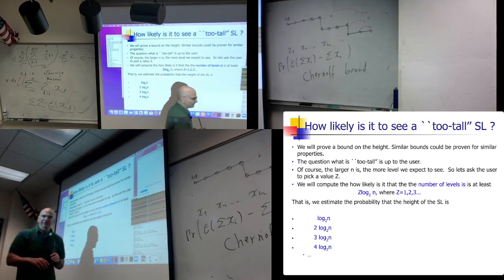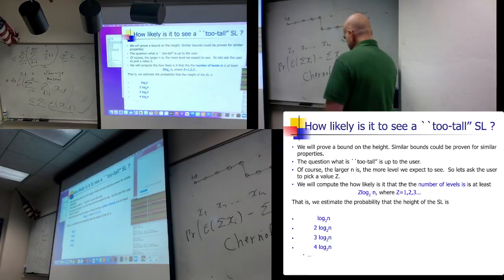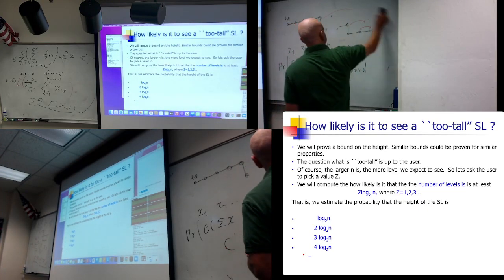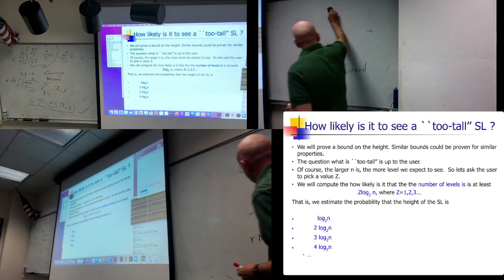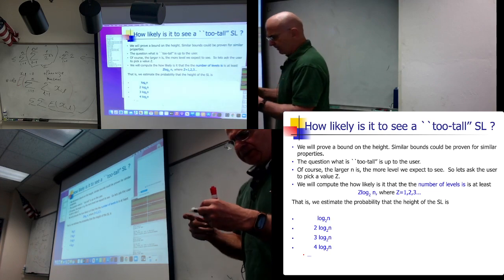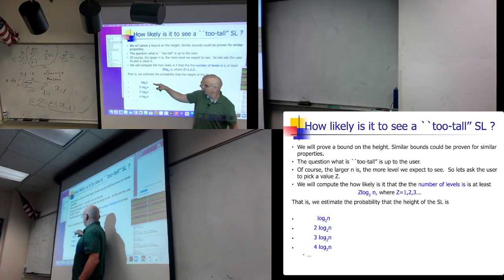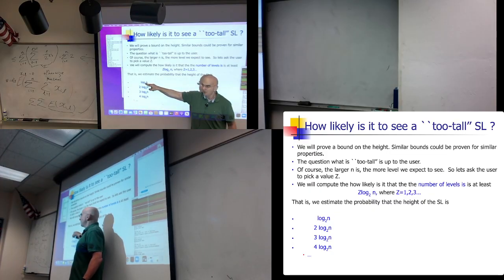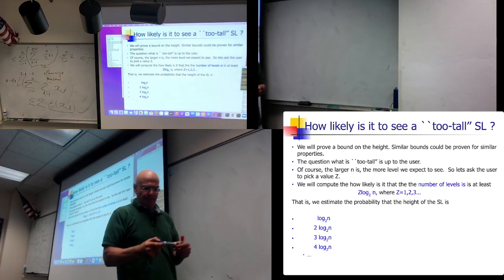That's going to be quite simple. Everybody understands at least what I'm going to examine: what's the chance that you'll see a skip list that has this many levels, or this, or this, for a given n.